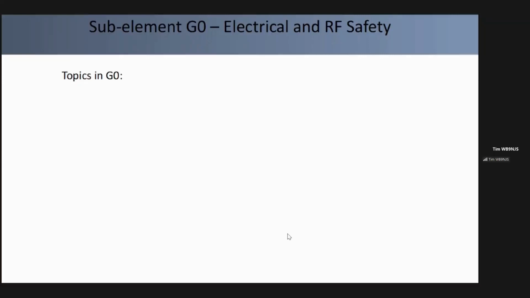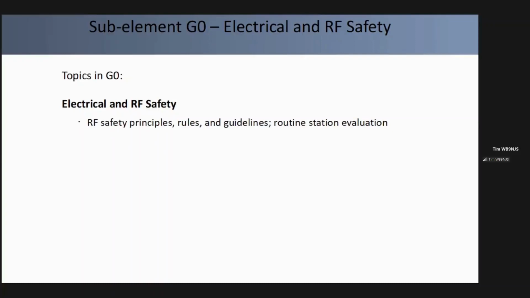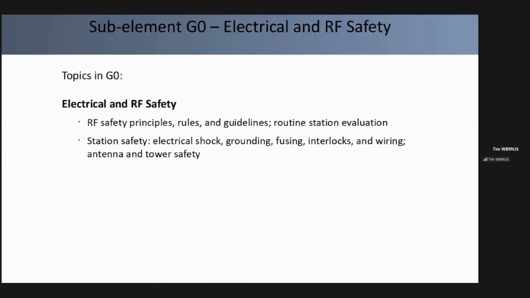So what are the topics in sub-element G0? Well, they revolve around electrical and RF safety, and there's 2 groups. The first group relates to RF safety principles, rules, guidelines, routine station evaluation. And the second group is station safety, electrical shock, grounding, fusing.